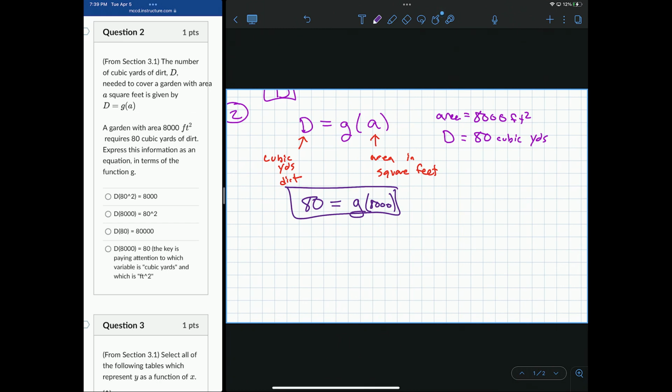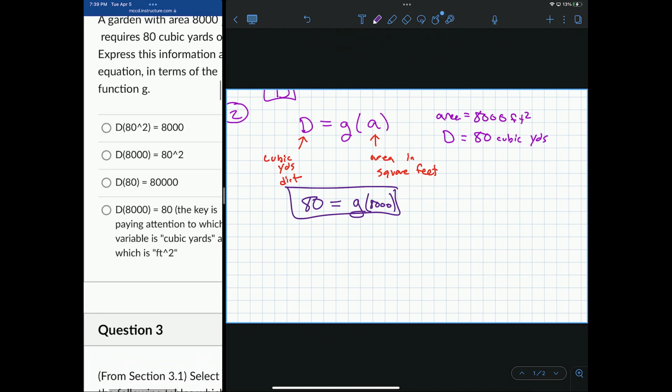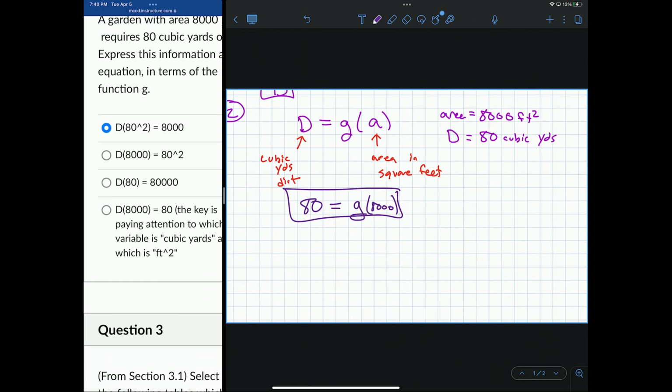And in the options that we have, oh, I labeled these wrong. Oh no. There's typos on these. These all say D of 80,000. Those D's are supposed to be G's here. Oh man, well, that's a mistake.